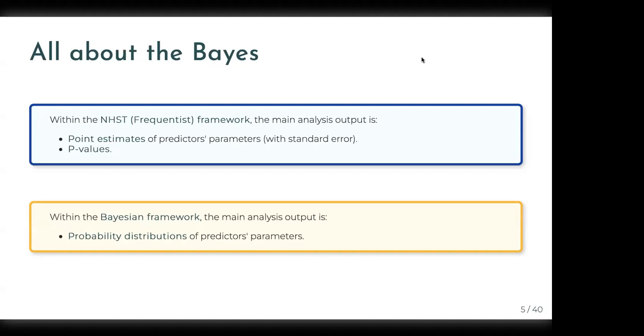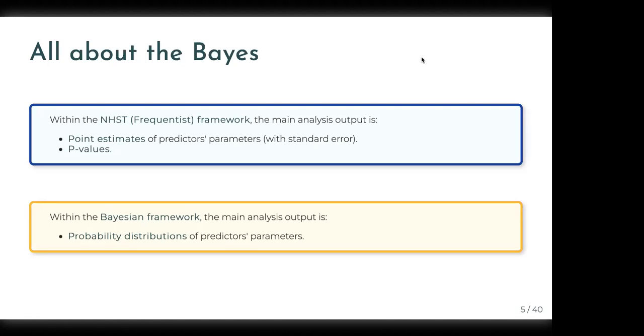It's the core of doing Bayesian inference, where instead of having just a single value and knowing whether the value is significant or not, you can make claims like saying there's a 95% probability that the value lies within this particular range.